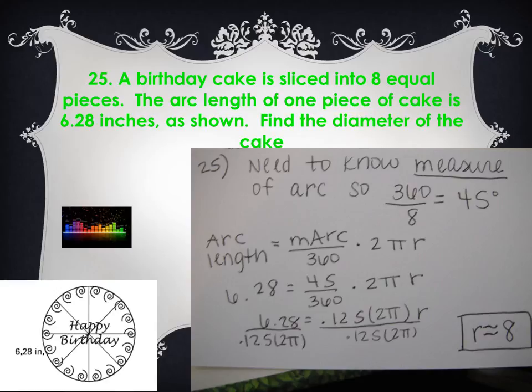All of that stuff is multiplied by r, so I divide both sides by what's in front, which is 0.125 times 2 pi. So 6.28 divided by 0.125 times 2 pi in my calculator is approximately 8. Make sure you are using your fraction button. You get the radius to be approximately 8.